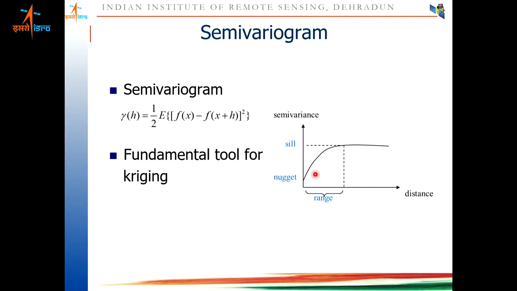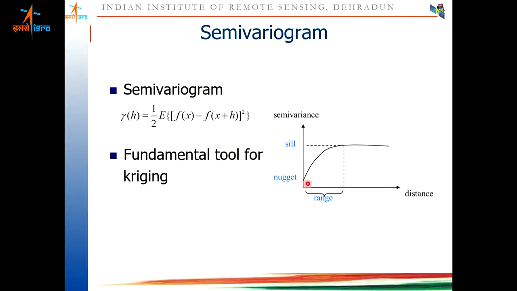So there can be different models. There are different models to model this relationship theoretically. This is the formula to find out semi-variance value experimentally. Here data is coming f(x) and f(x plus h), these are the observed values, and if you put observed values here you will get semi-variance value.